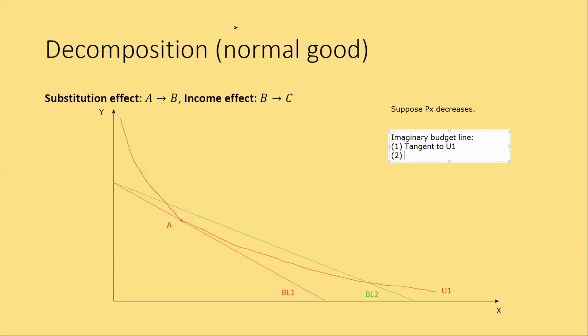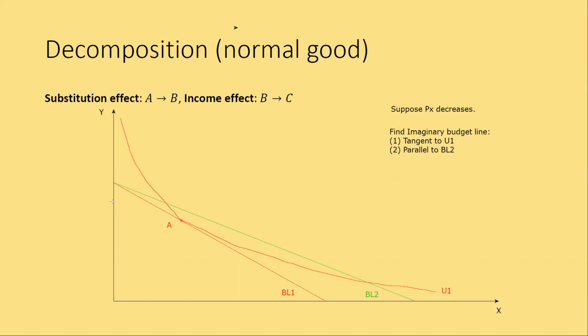And secondly, it is parallel to the new budget line, which is our BL2. I'm going to find an imaginary budget line satisfying these two conditions. And there is actually only one possible budget line that we can draw satisfying those requirements.